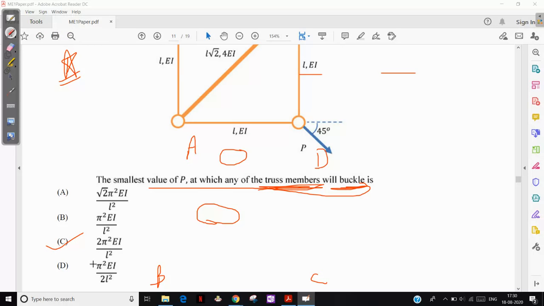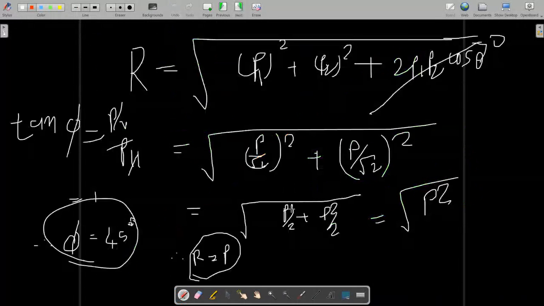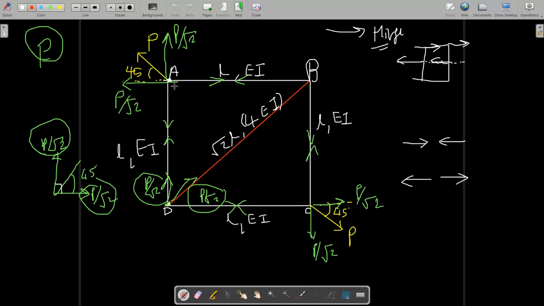Now some of you might have the question: why are we taking the diagonal element, and what if there is any change in other members, like horizontal or vertical ones? So I am taking this question for the horizontal member AB. Draw the horizontal member AB.